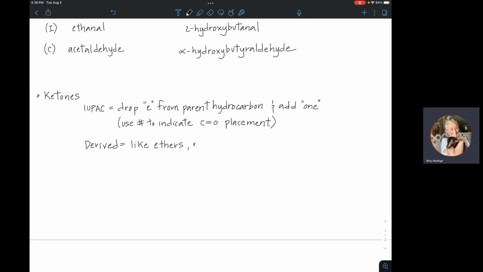So you're going to name the alkyl groups. They can be the same or they can be different. So on either side of the carbonyl, you'll have an R group, right? You're going to name those in alphabetical order.